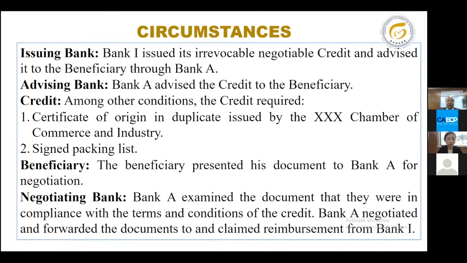So I'm going to tell you what it is. From the issuing bank, Bank 1 issued its irrevocable negotiable credit and advised it to the beneficiary through Bank A. Bank A advised the credit to the beneficiary, the exporter, and among the other conditions, the credit required, firstly, the certificate of origin and duplicate issued by a certain chamber of commerce of that country, and then a signed packing list.